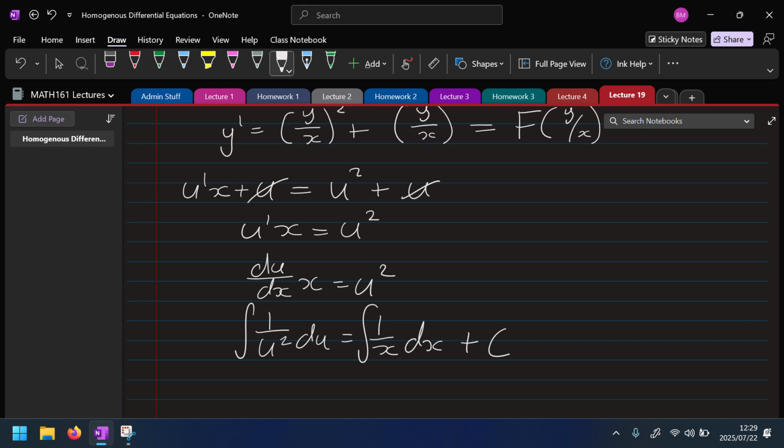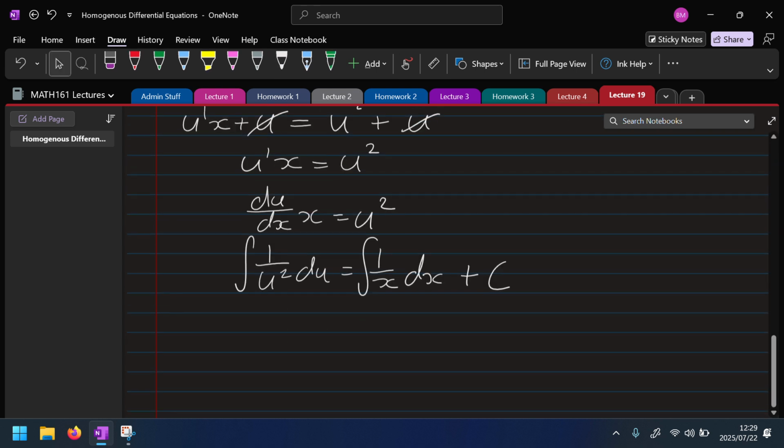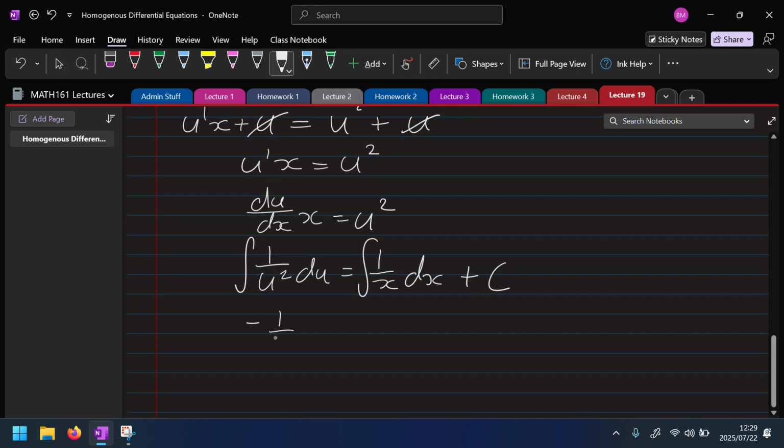So the integral of 1 over u squared, that's like u to the minus 2, so it will be minus 1 over u. And then the integral of 1 over x, that's just the natural log. And we have our plus c. Okay, now we need to solve for u, and once we have u, we can then get y.